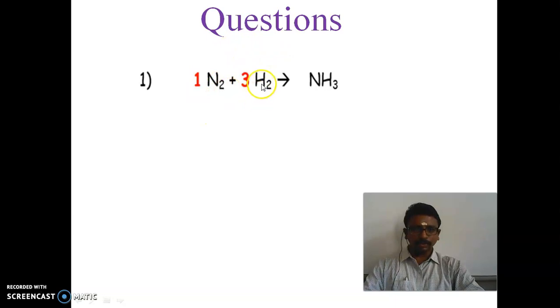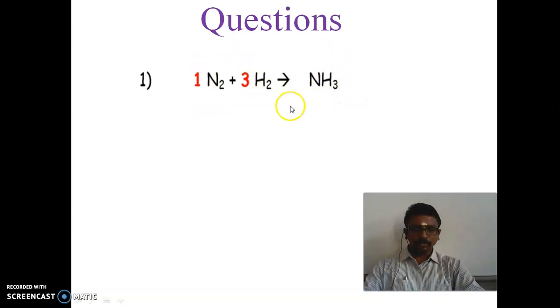So N2 plus H2 is the reactant. And the product is the new substance formed during the chemical reaction. So here NH3 is a new substance. It will form during the reaction. So here N2 plus H2 is the reactant and NH3 is the product.